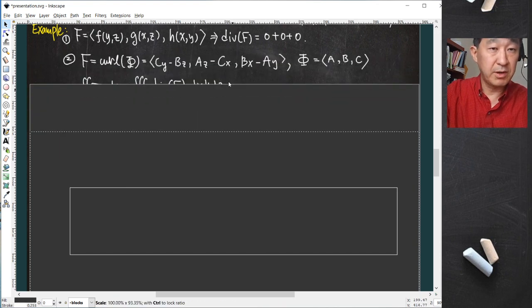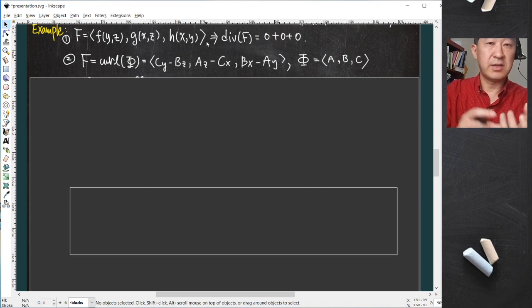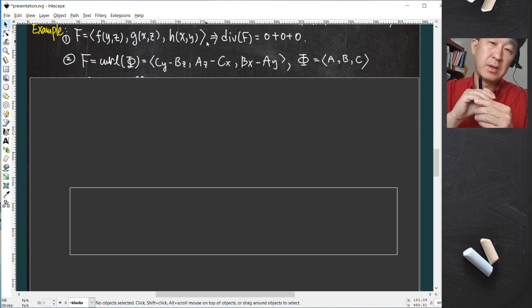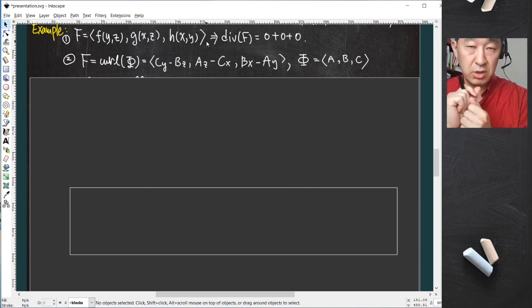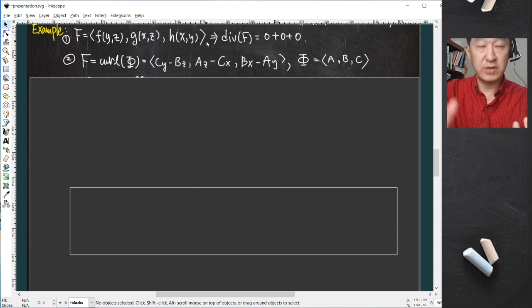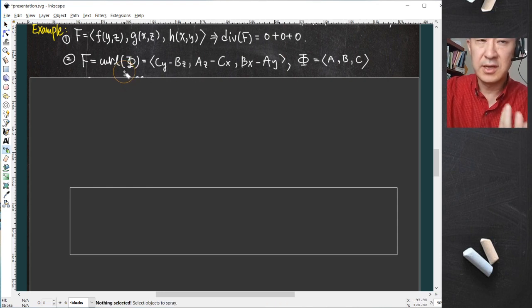And another interesting part is this. The standard example of the vanishing curl, therefore you have a conservative property of line integral, that was a gradient vector field. So what kind of vector field has a surface integral 0 and divergence 0? What kind of field is that? Its curl is a main example, right?